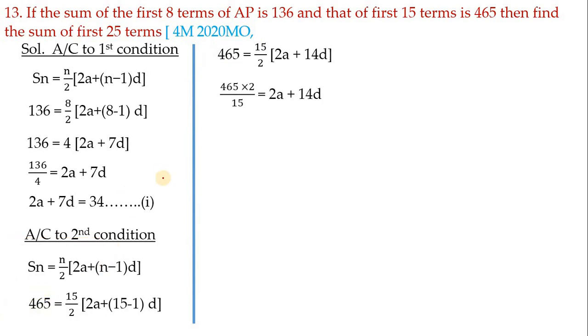Next, let us simplify the things here, children. 15 ones are 15, 15 threes are 45, 46 there, so 1 remainder. So 15 will be there, 15 ones are 15. Now 31 multiplied to 2, so I'll get 62. So I can write 2a plus 14d equals 62, and this you call it as equation number 2.